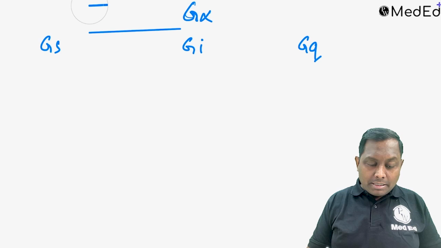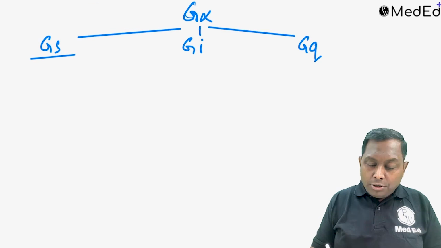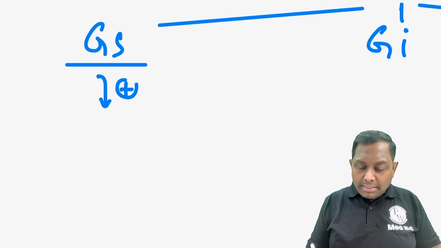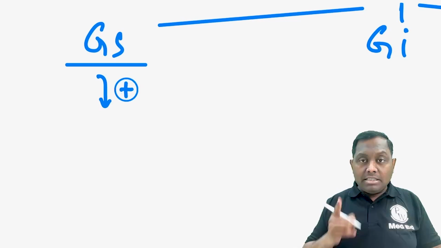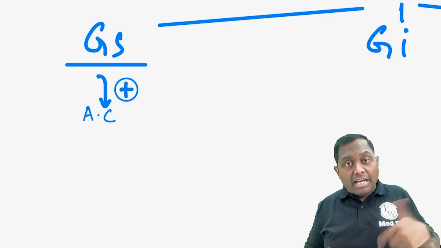GS means stimulation. Remember, the enzyme that is getting activated here is adenylate cyclase.